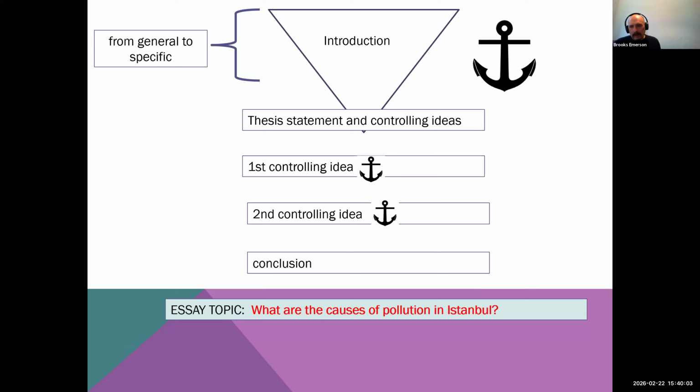Now, your conclusion paragraph is really going to be 2 sentences here. So nothing has changed in terms of length. Your introduction will be 6 sentences. Your body paragraphs will each be 6 sentences. And your conclusion would generally be 2 sentences.